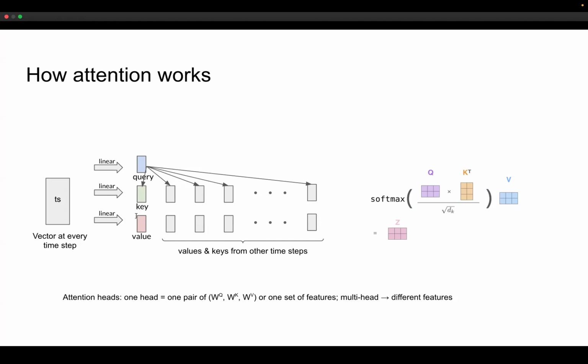Another thing to note here is that this linear layer will actually be shared across all the time steps. So if we're working with time step 8, we're using these 3 linear layers. And if we are working with time step 10, we are still using the same set of those 3 linear layers.